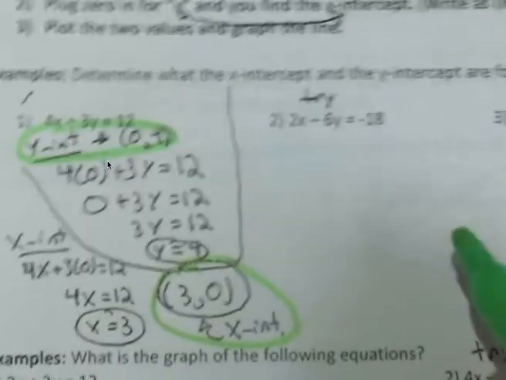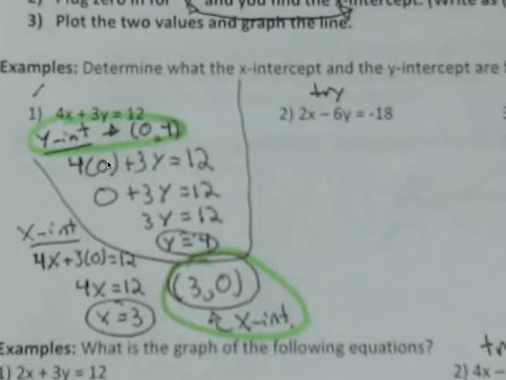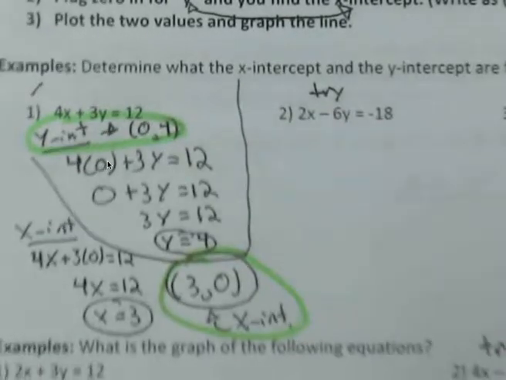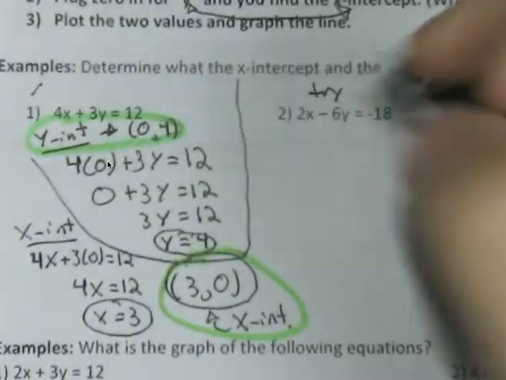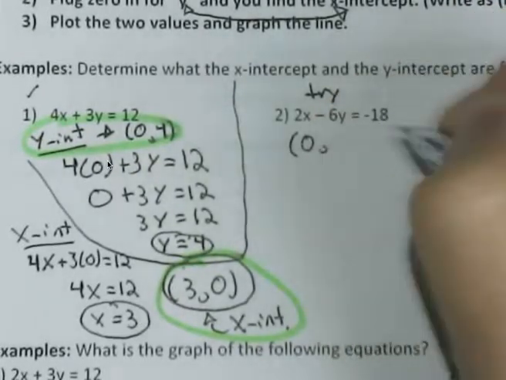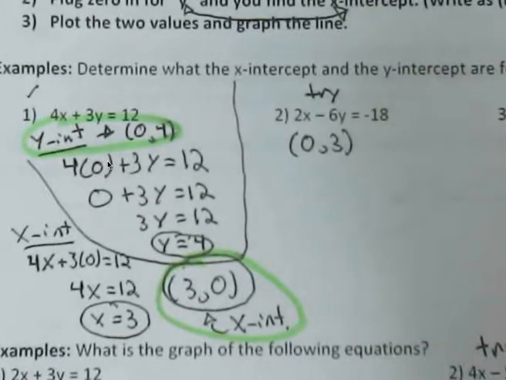I'll give you a moment to try the next one. But you should be saying that for our y-intercept, if x is 0, y is going to have to be positive 3.